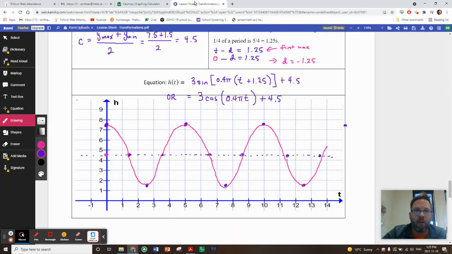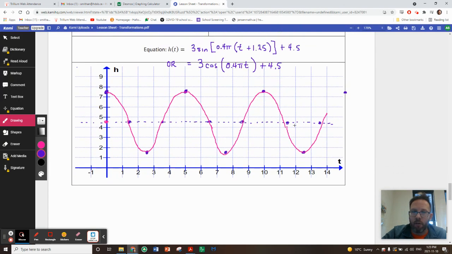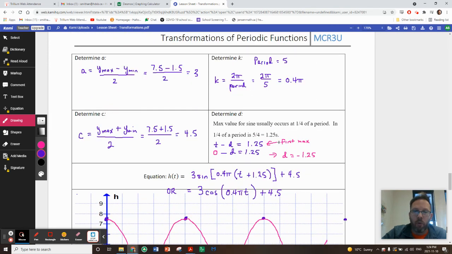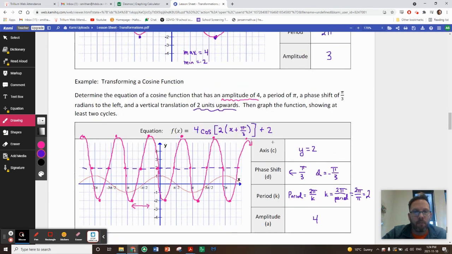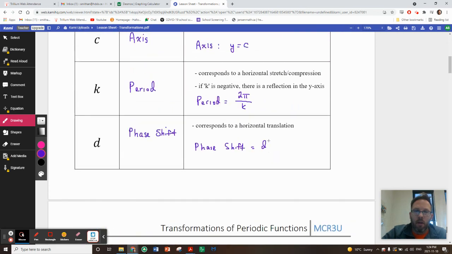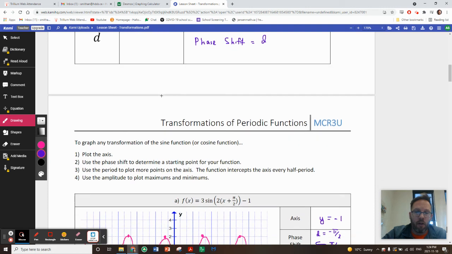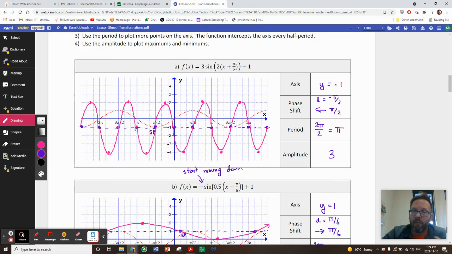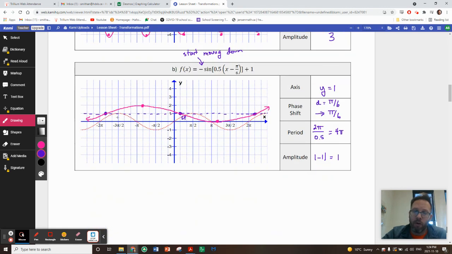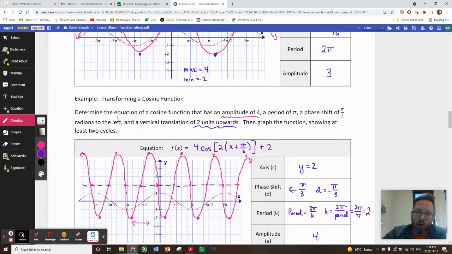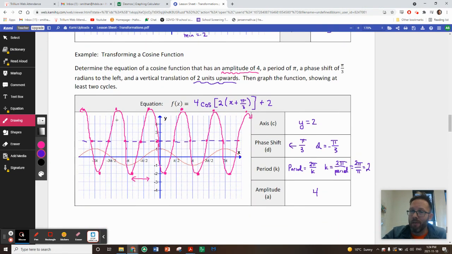Let's summarize what we should be able to do after today, and what we have done. So we reviewed the different transformations and the properties they affect for periodic functions. We got some more experience graphing transformations of periodic functions using, in this case, the period in radians. We graphed some sine functions. We graphed some cosine functions. We talked about how to model a situation with an equation and how to find the axis, phase shift, period, amplitude.